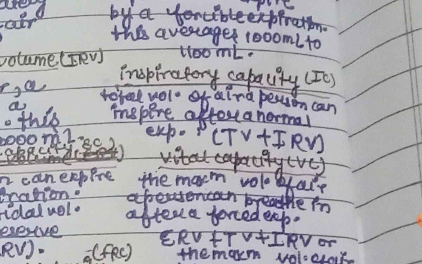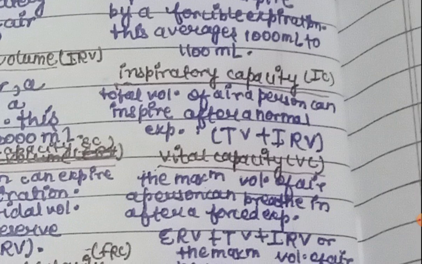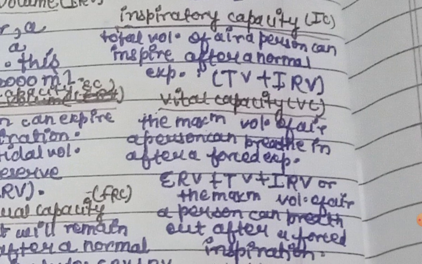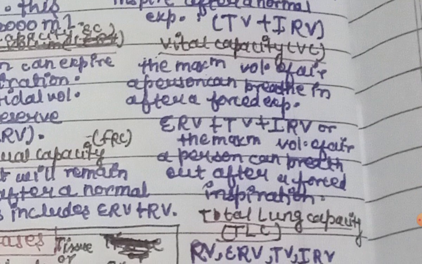Inspiratory capacity: total volume of air a person can inspire after a normal expiration. Tidal volume plus inspiratory reserve volume. Vital capacity: the maximum volume of air a person can breathe in after a forced expiration.